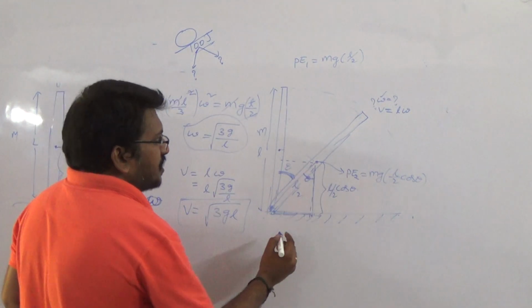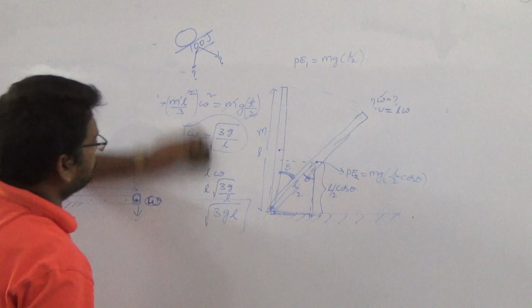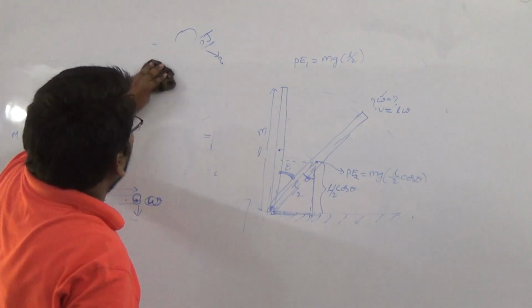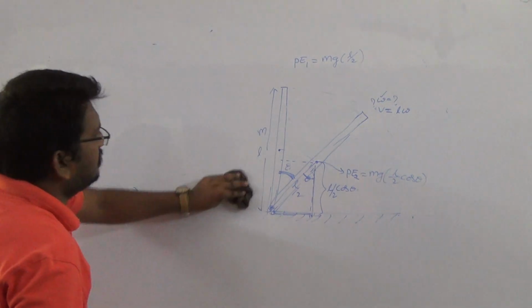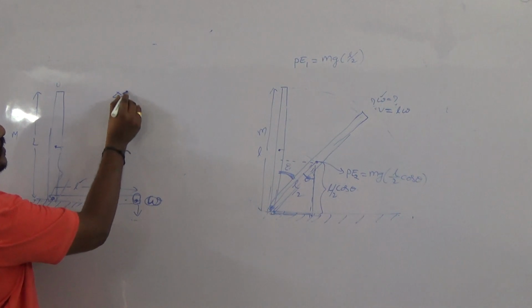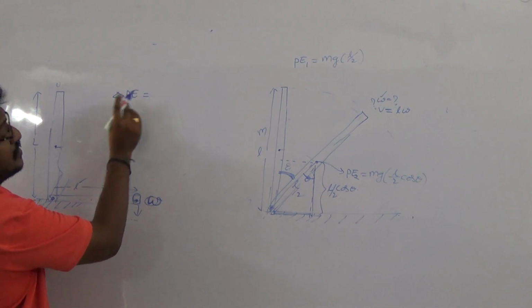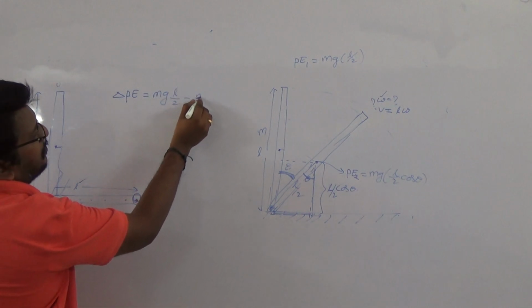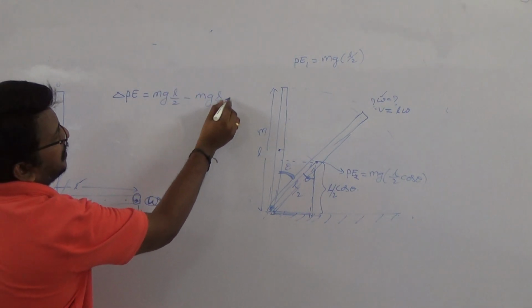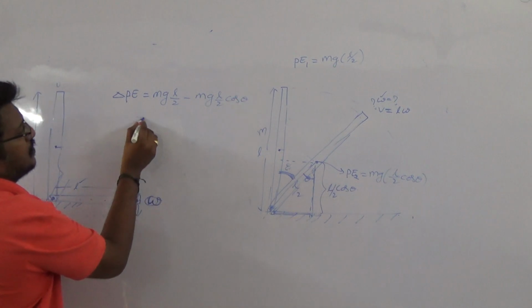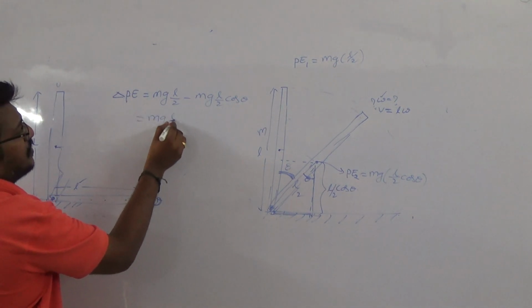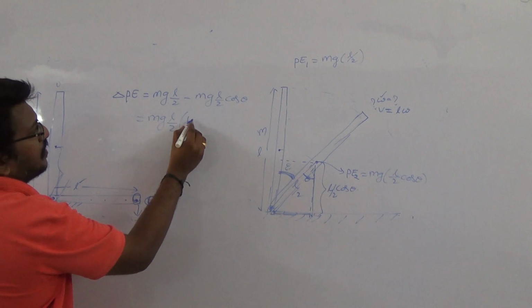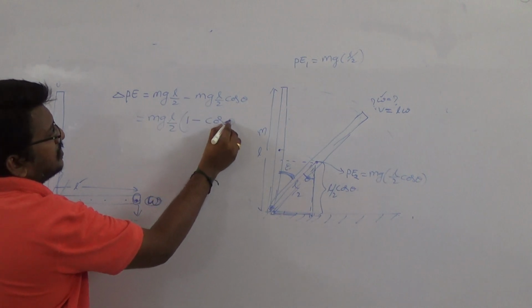The change in potential energy, the loss of potential energy, delta PE, is mg L by 2 minus mg L by 2 cos theta. So we can write mg of L by 2 of 1 minus cos theta.